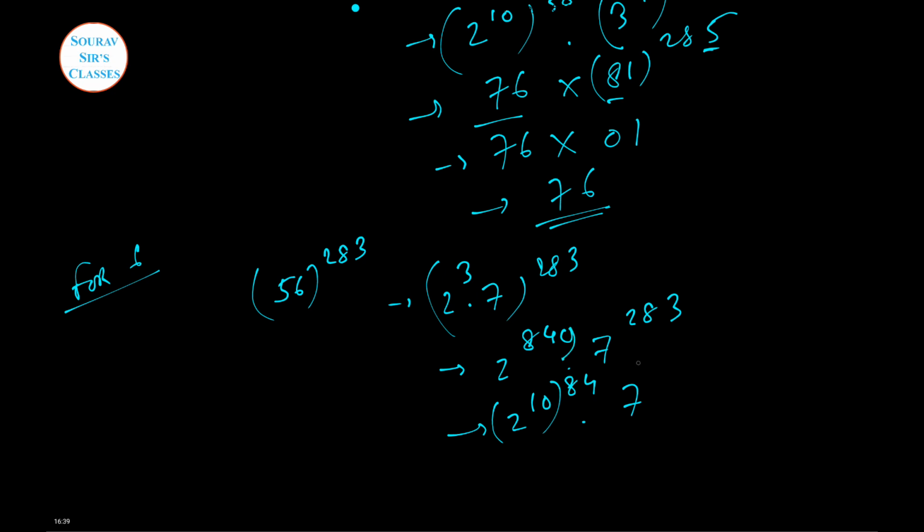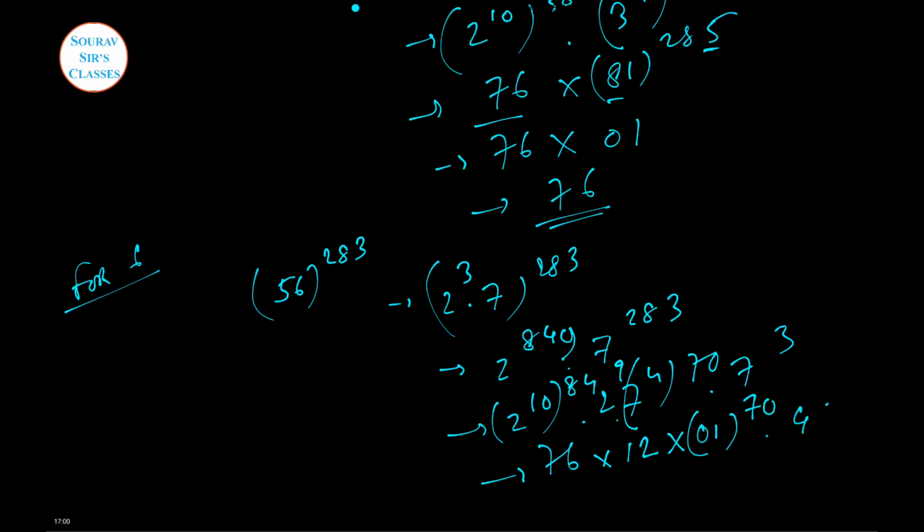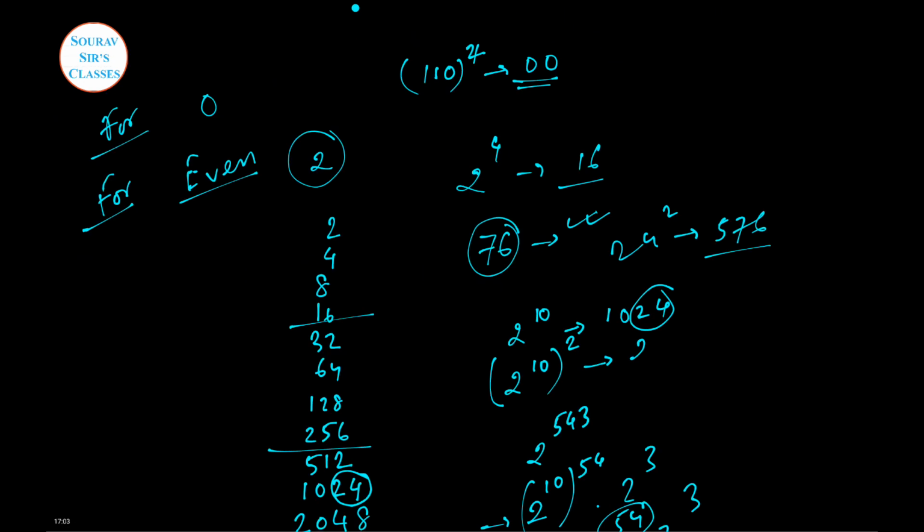So 2 to the power 40, then 2 to the power 9 and 7 to the power 4 whole to the power 70 into 3, 83. This part is 76, 2 to the power 9 is 512, so it ends with 12. This one is 01 whole to the power 70 and 7 cube ends with 343, so 43. If I multiply all these, 76, 12, 01 into 43, just keep on multiplying and the last 2 digits will be 16.